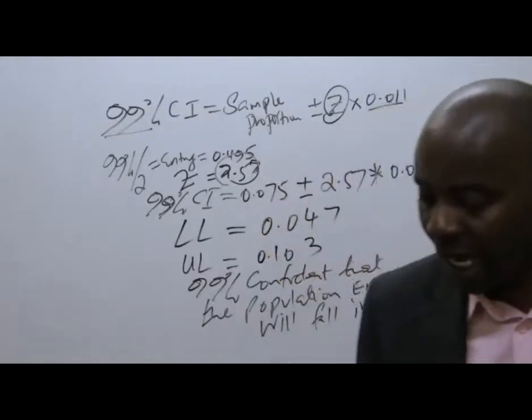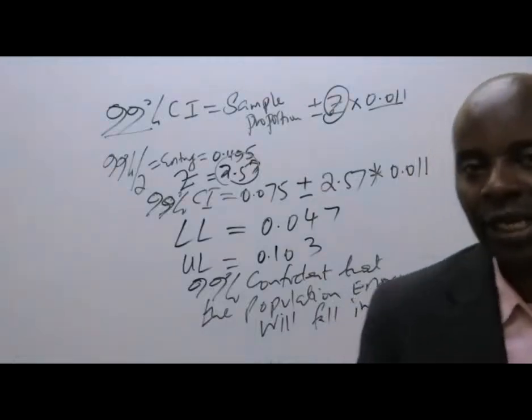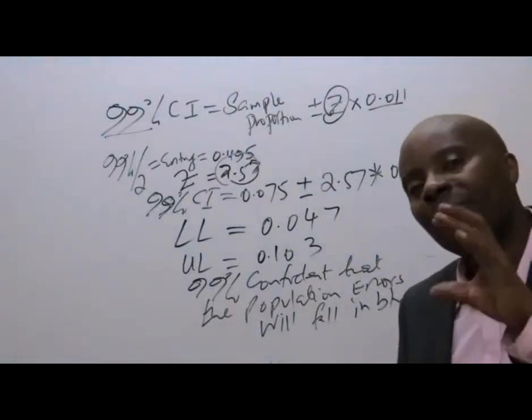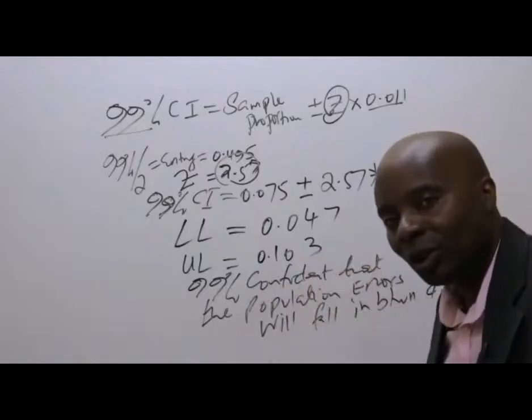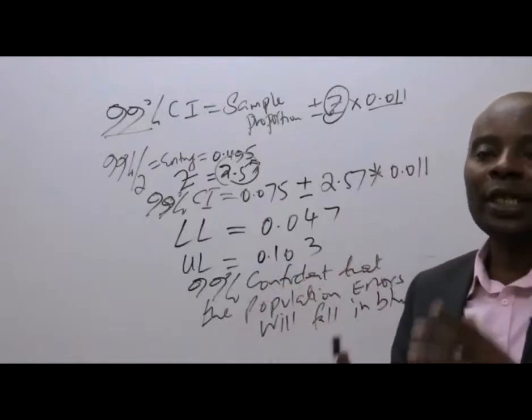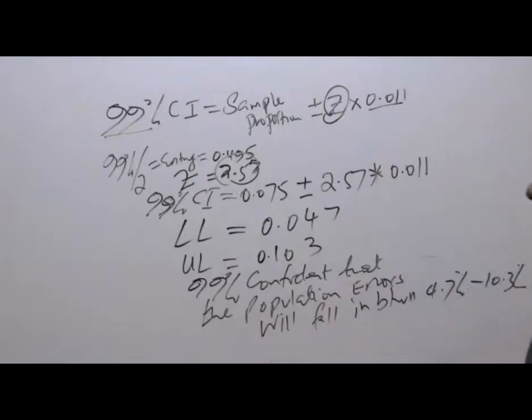We are 99% sure that should these people go through all the accounts of the company, they are going to get the errors fitting in between there. I've just multiplied this by 100.